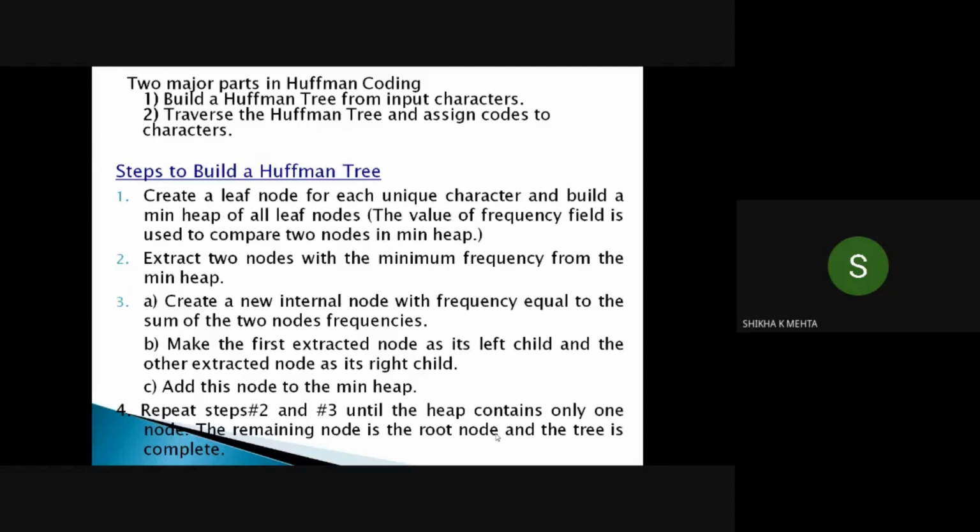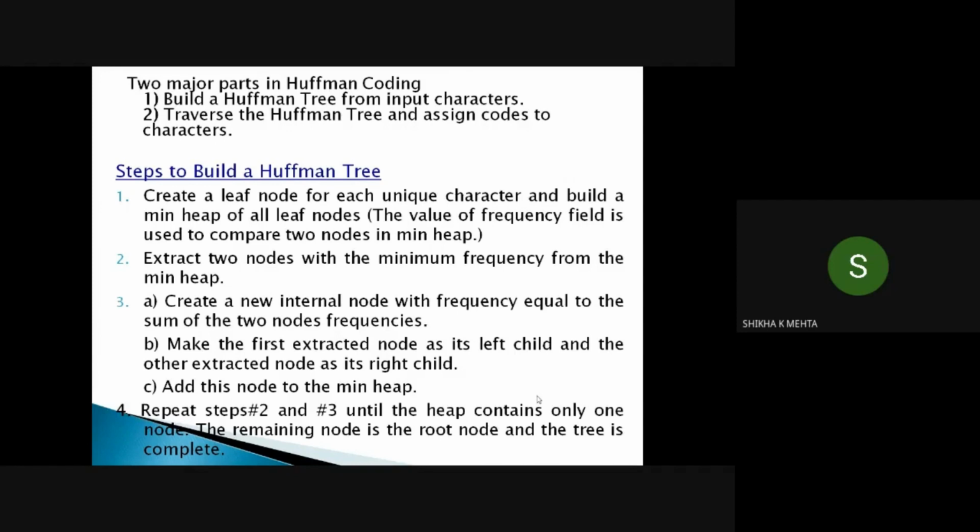So what is the actual way of compressing data using Huffman coding? The first step is to build a Huffman tree from the input characters, and the second step is to traverse the Huffman tree and assign codes to the characters. While building the Huffman tree we are encoding, and in the second step we are decoding that tree.